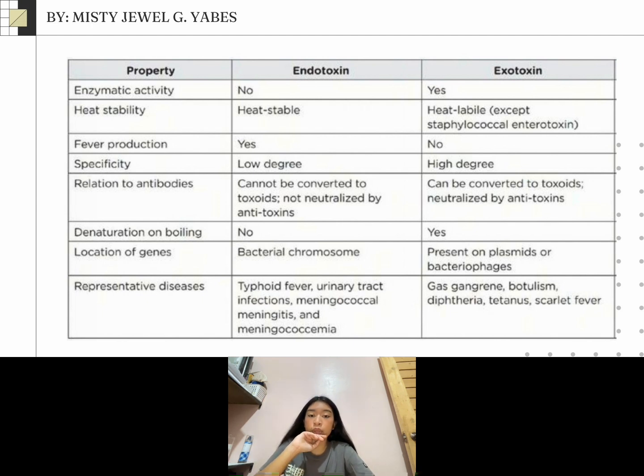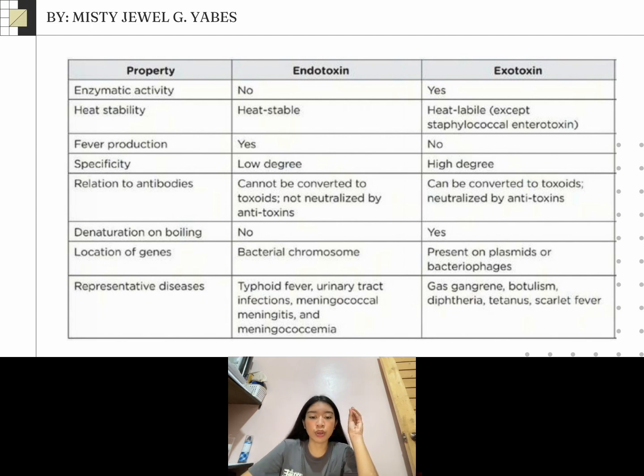So, dito naman tayo sa locations. Ang ating endotoxin ay makikita natin sa ating bacterial chromosome, wherein ang ating exotoxin naman ay makikita natin sa plasmids or our bacteriophages. Okay? Sa representative diseases naman, ang ating endotoxin ay nagpo-produce ng typhoid fever, urinary tract infections, meningococcal meningitis, and meningococcemia.